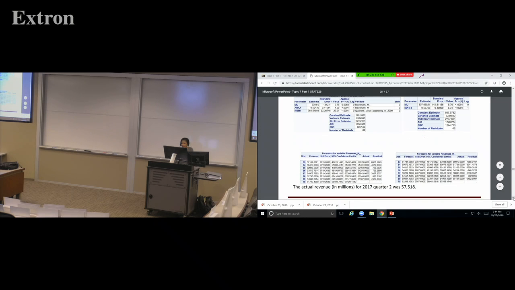Looking at the forecast one time ahead, specifically 2017 quarter 2, the actual value was 57,518. Our regression with AR1 errors forecasted 61,799, and the integrated moving average estimated 62,248.